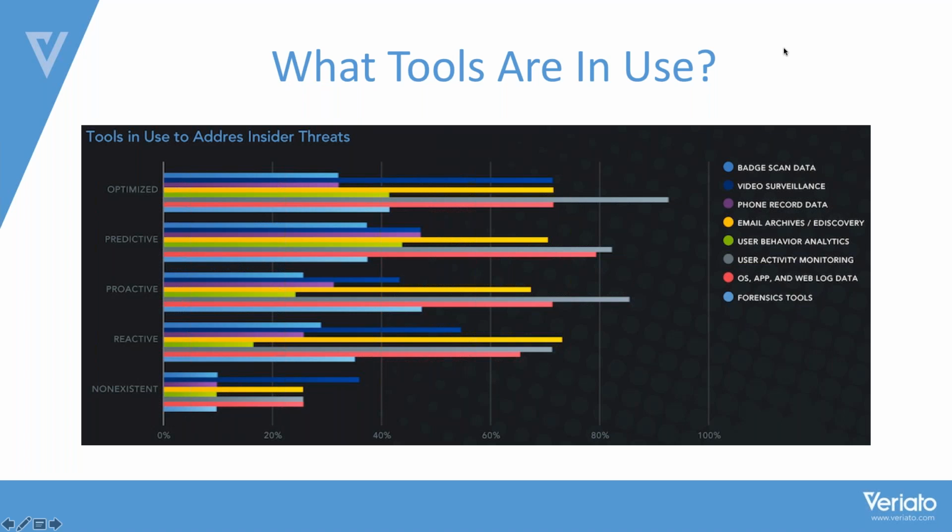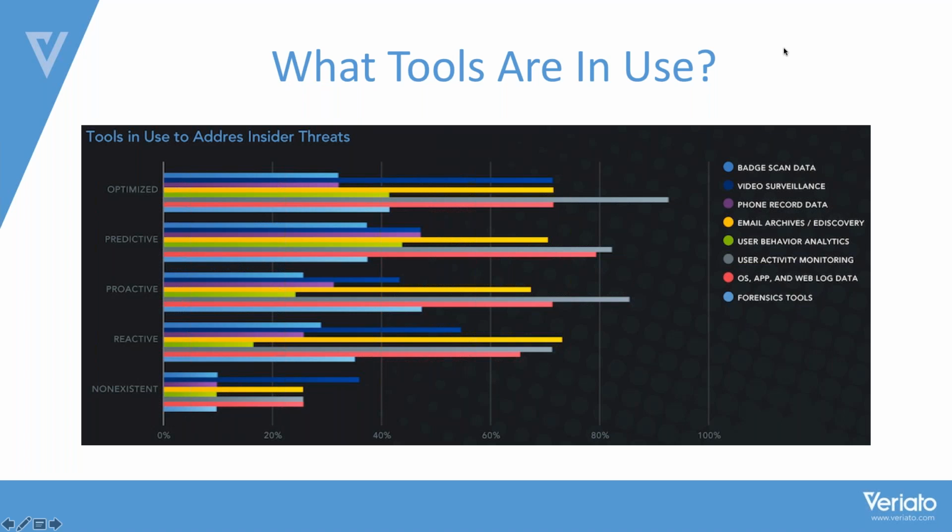Sure. Well, first off, user activity monitoring has been around for a while. If you took a time machine back 20 years, organizations were just starting to become internet aware. It wasn't that long ago that we didn't have a major internet.